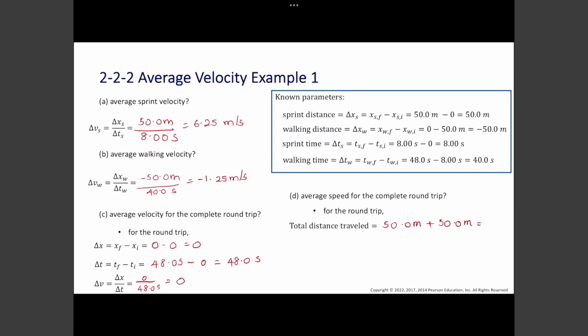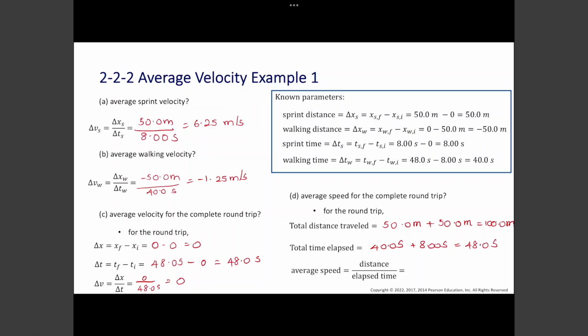So the total distance is 100.0 meters, and the total time elapsed is, for the first 50 meters it is 8.00 seconds, and for the second 50 meters it is 40.0 seconds.